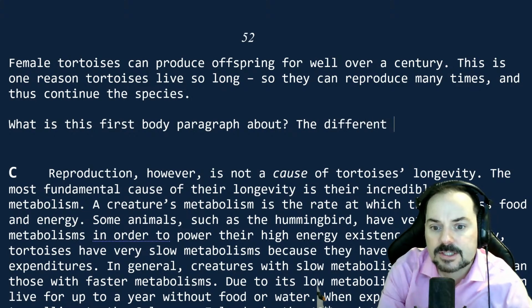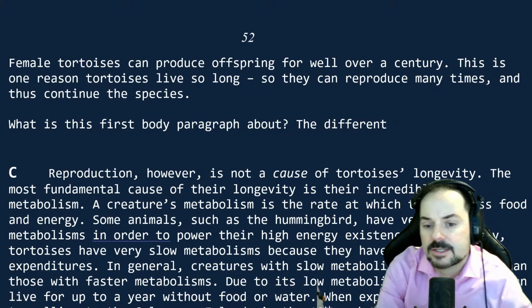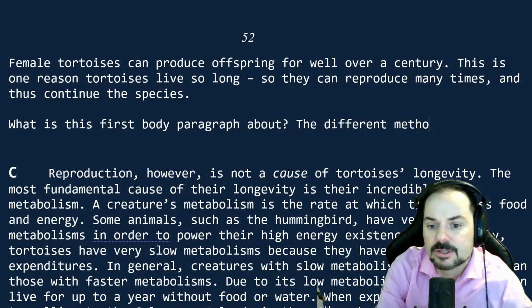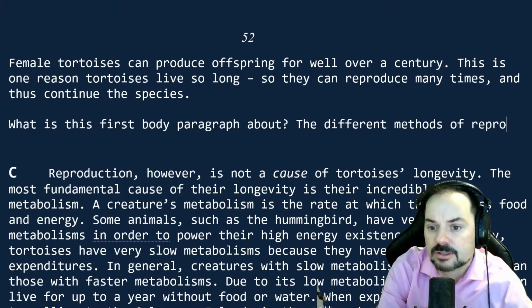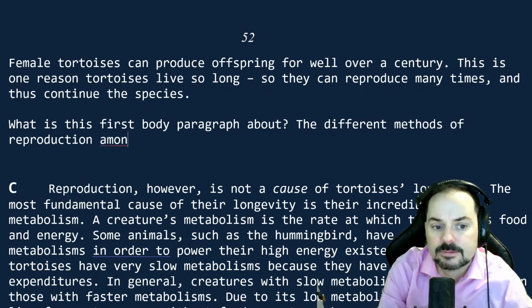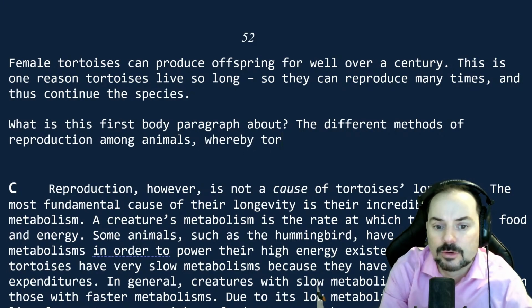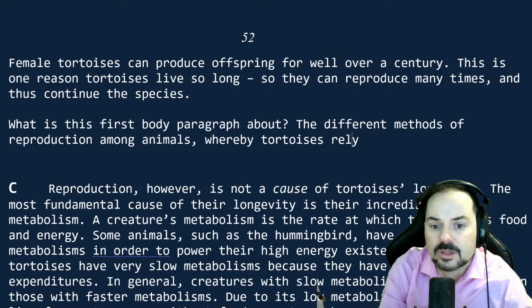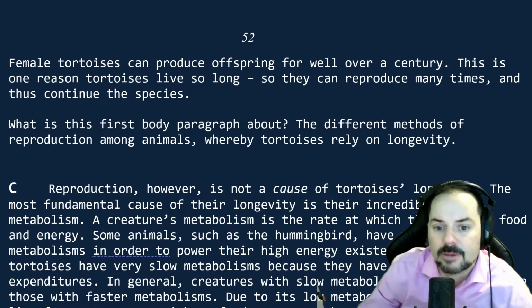So I'm confused right now. So I would say the paragraph discusses the different methods of reproduction among animals, right? Animals, whereby tortoises rely on longevity. How long can a tortoise be a mummy?